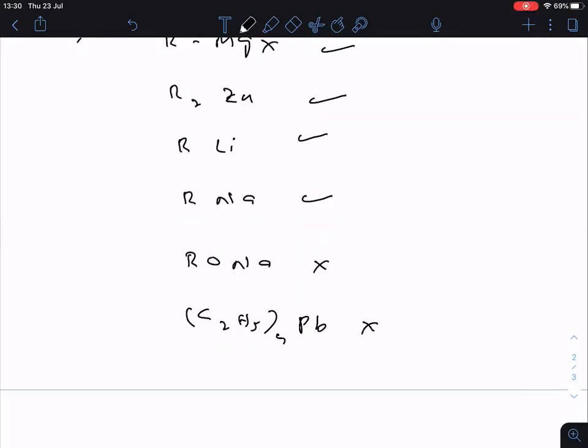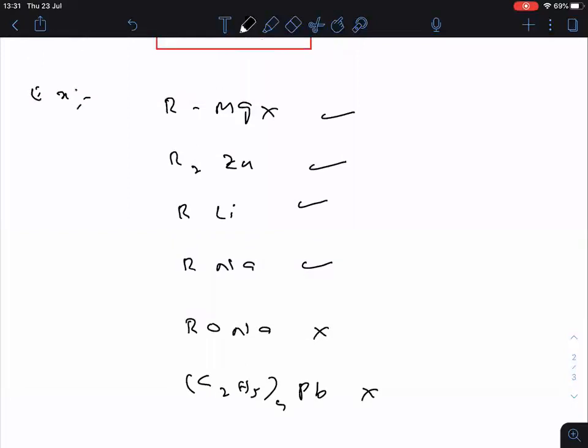So organometallic compounds means carbon should be directly bonded to the metal. Clear? So this RMgX, the first example, is our Grignard reagent, abbreviated as GR. It is an organometallic compound.